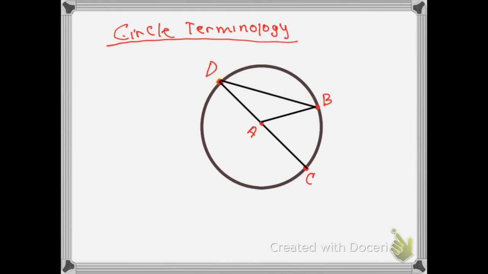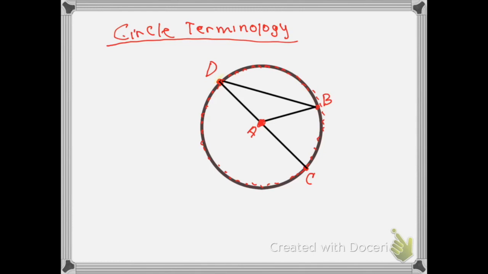We've been talking about circles, but what is a circle really? So a circle is just the collection of all points that are the same distance from the center. Looking at point A here, all of the points that are the same distance from A, that is what makes a circle. So notice that all of these points around are the same distance away from A, okay?